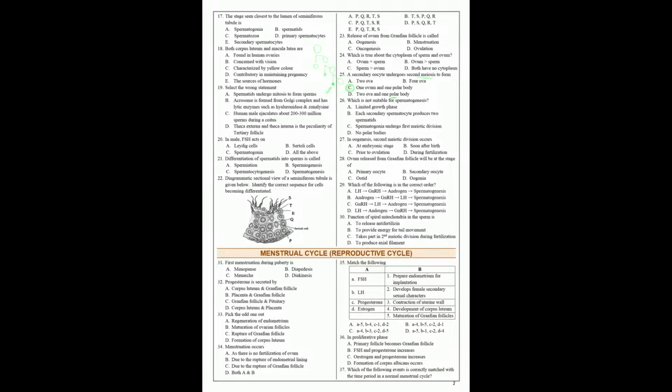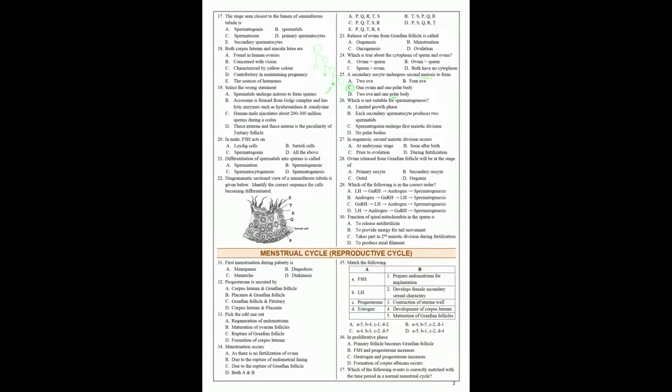Okay. Next, which is not suitable for spermatogenesis? Limited growth phase. Each secondary spermatocyte produces two spermatids.